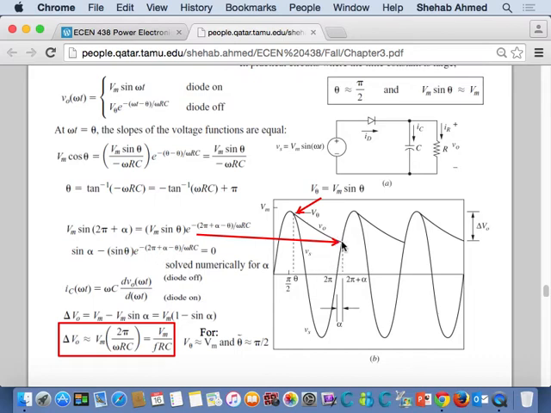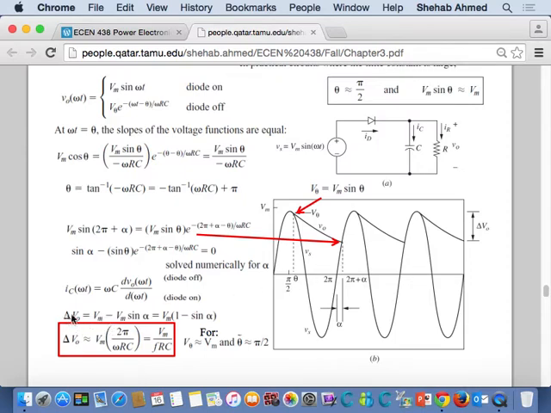So at 2 pi plus alpha, there is this intersection. At this intersection, I would like to find the value of both waveforms, the exponential and the sine wave. If I equate the equation for this exponential and V maximum sine of 2 pi plus alpha, I can find the value that I would like. I can find alpha.